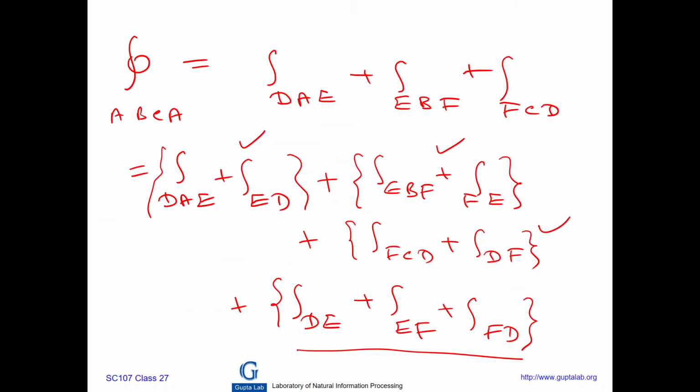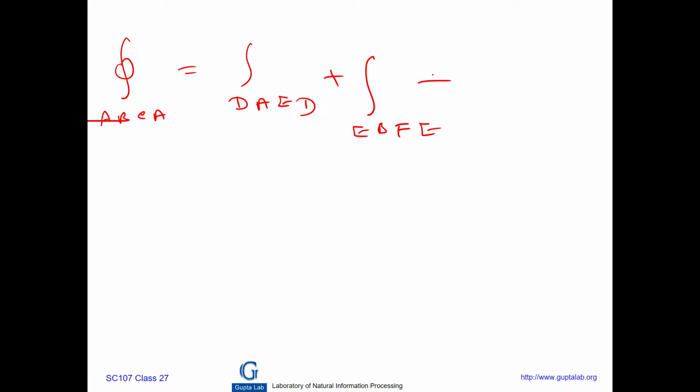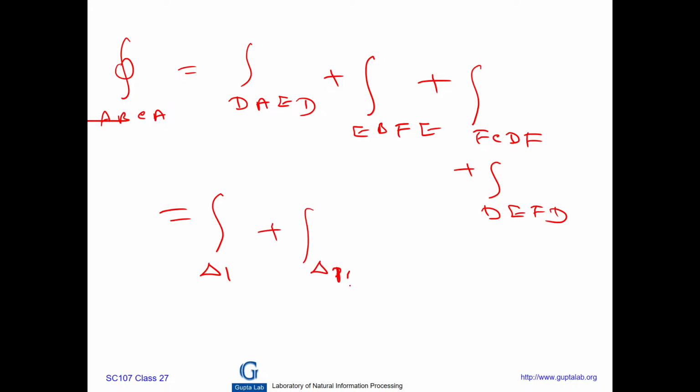So that means we have integration along whole ABCA is equal to integration along DAED plus integration along EBFE, sorry, plus integration along FCDF plus integration along DEFD. So this is nothing but integration along delta 1 plus integration along delta 2 plus integration along delta 3 plus integration along delta 4.